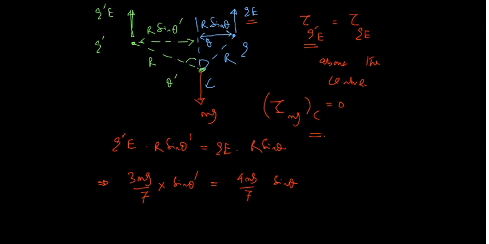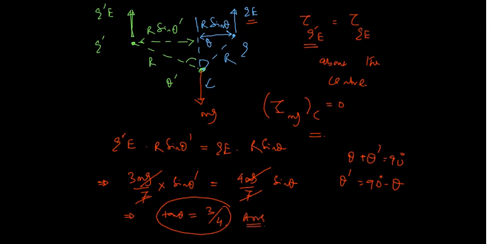So mg cancels out, 7 is gone. Now theta plus theta prime is equal to 90 degrees, so theta prime is equal to 90 degrees minus theta. If I substitute, we are getting tan theta is equal to 3 by 4. All right, so this is the answer we were searching for.